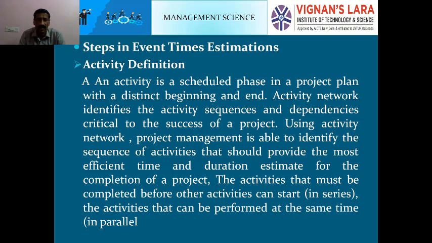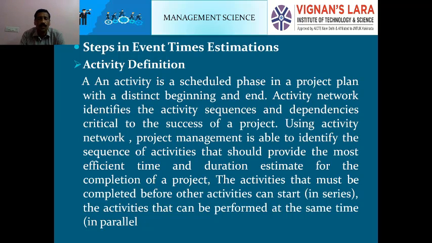An activity network identifies the activity sequence and dependencies critical to the success of a project, one after another, connecting the events. Two events connected, and so on to the end.